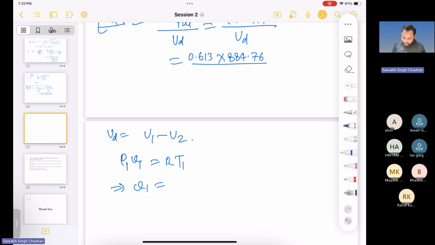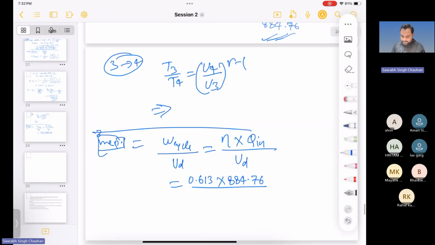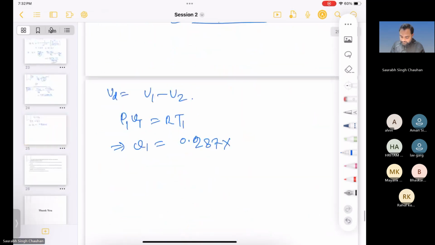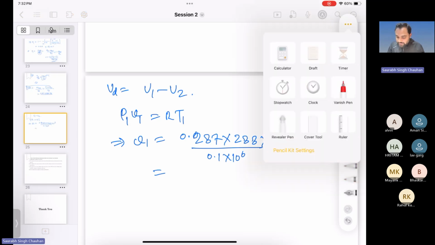So V1 will be equal to R times T, R is 0.287 and temperature was 15 degrees, 288 Kelvin, divided by P1. P1 was 0.1 megapascal, right? So it will be 0.1 megapascal, 10 to the power 6, and here you need 10 to the power 3, correct?